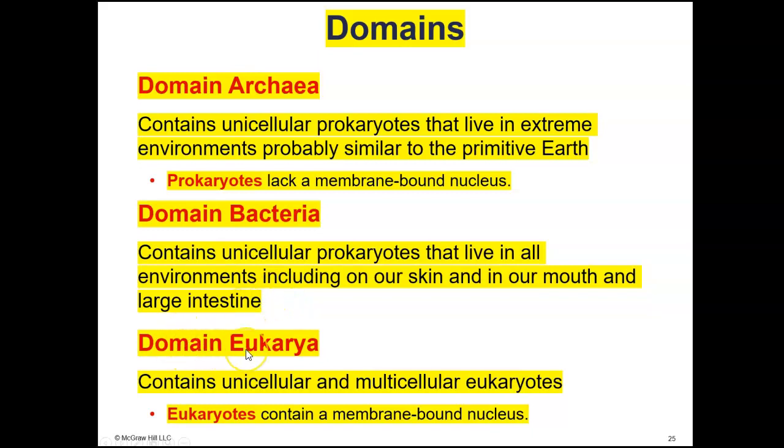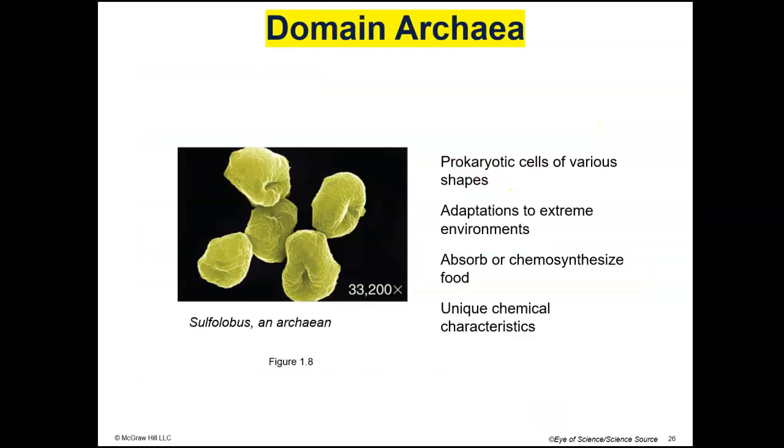All right, in the domain Eukarya, there are some that are unicellular. Most are multicellular. And eukaryotic cells contain a membrane-bound nucleus. So that's the difference in the cells that form organisms within the domain Eukarya versus the other two domains.